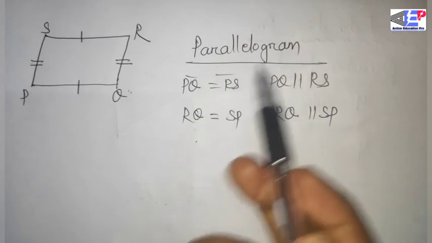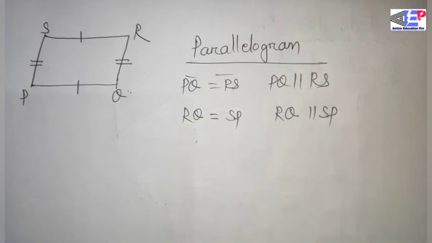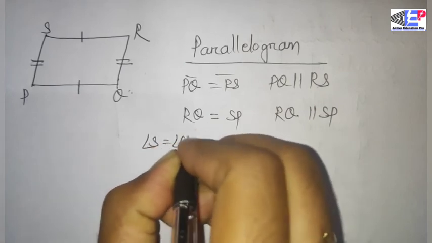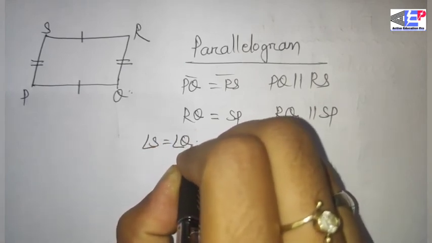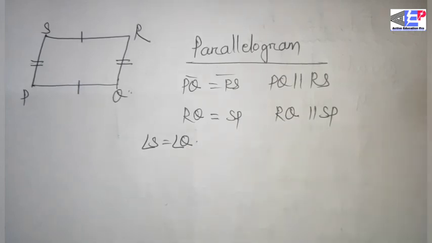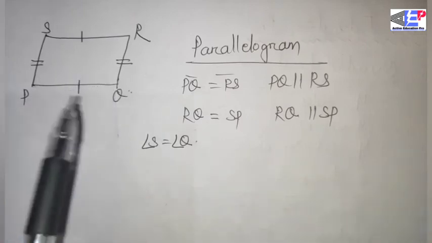Yes, these side rules are applicable for a rectangle, but there are some changes in a parallelogram. Each angle of a parallelogram is not necessarily 90 degrees. It is not mandatory to be 90 degrees. Means S angle is equal to Q angle, but it is not compulsory to be 90 degrees. But in a rectangle, as we told a few minutes ago in this video, each angle is 90 degrees.